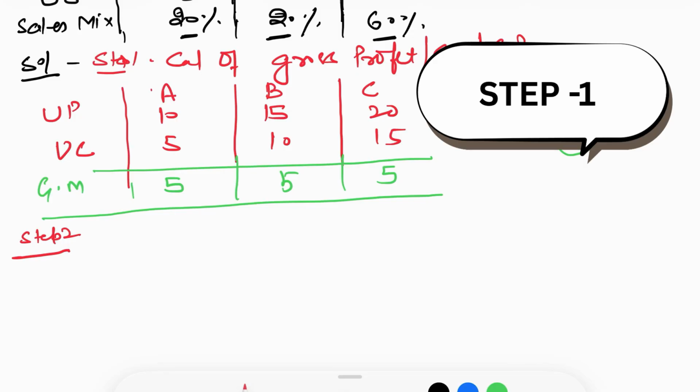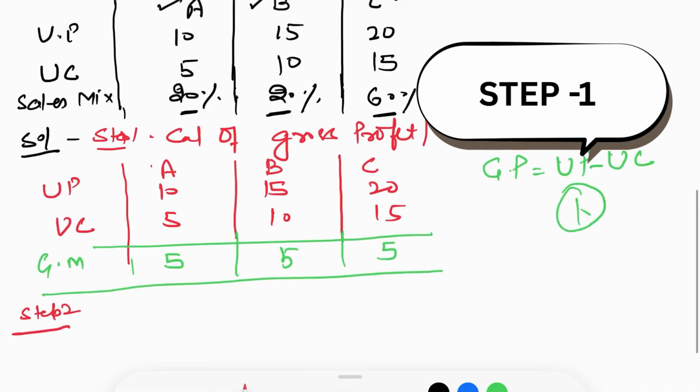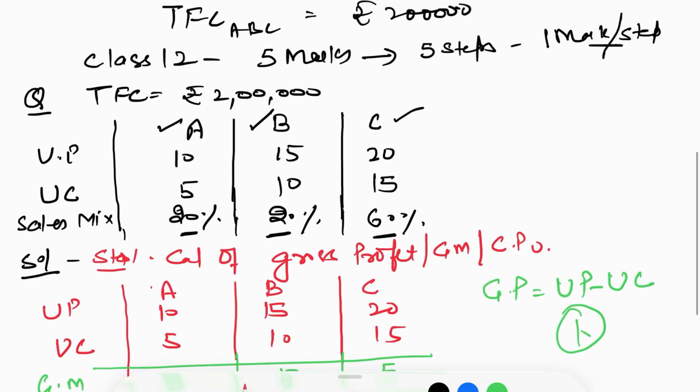If the fixed cost of each product had been given to us, then step 2 means just take the fixed cost of product A divided by the unit gross profit of product A. Take the fixed cost of product B and divide it by the gross profit of product B. Take the fixed cost of product C and divide it by the margin of product C. But we are not given the fixed cost of each product here.